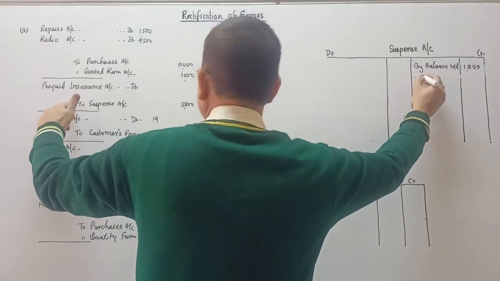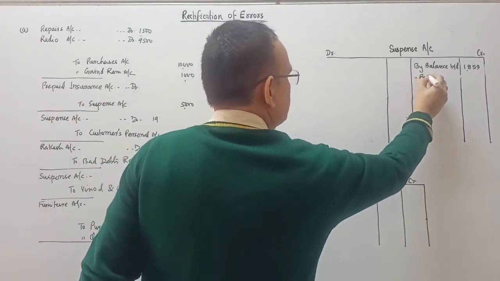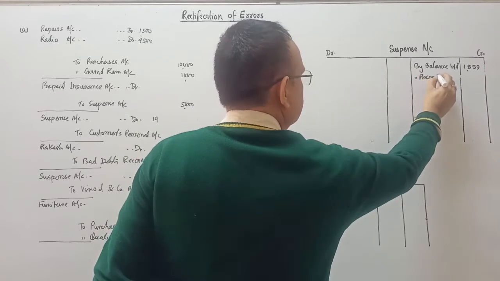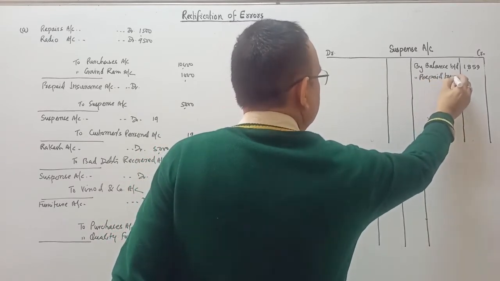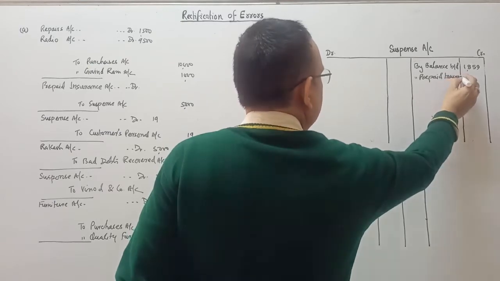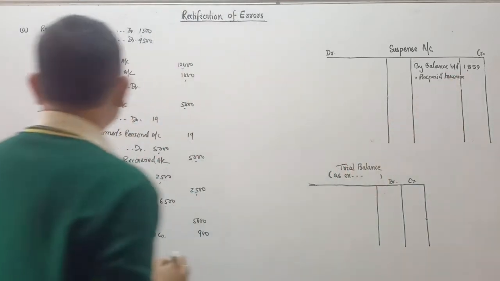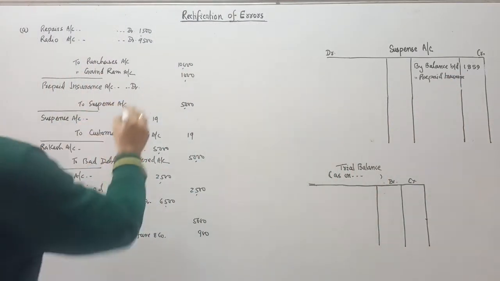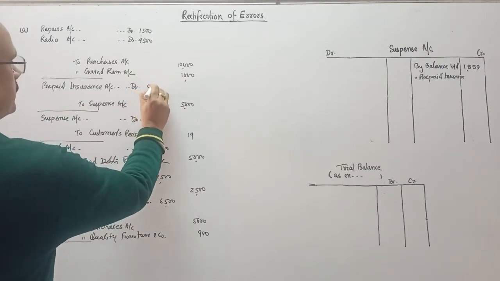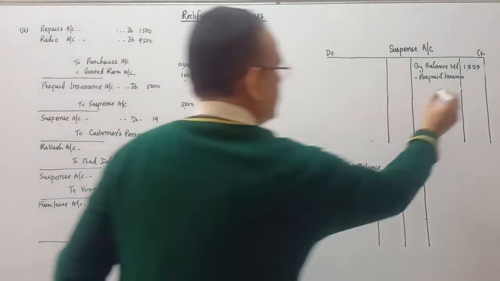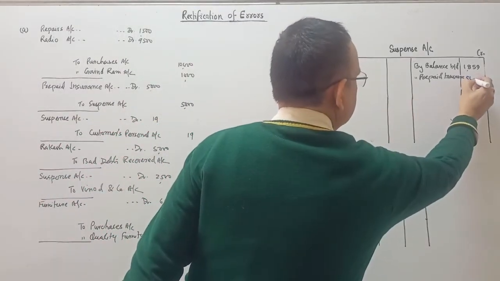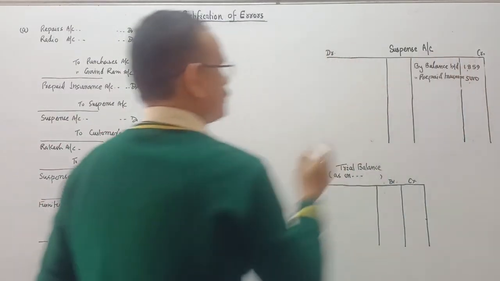What will we write? Prepaid insurance. Prepaid insurance is how much? Prepaid insurance is 5000. So we'll write 5000 this side, prepaid insurance.